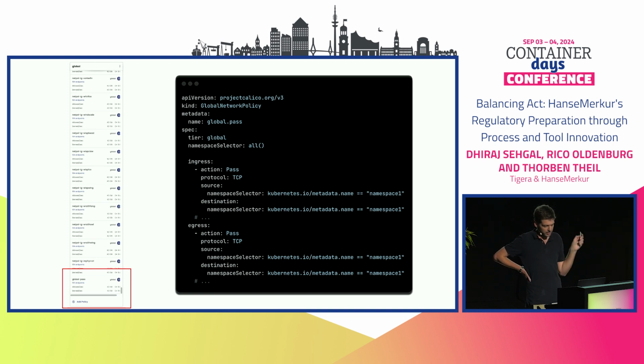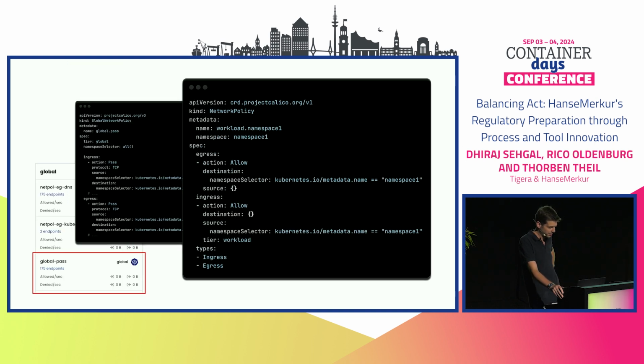And because this is a global network policy, it has, again, to go through our merge request process. So the team needs to submit only one single merge request to allow themselves to create their own network policies in the future. After that, they can create, update, delete policies whenever they want, without us, without the security team. And this is an example for this.